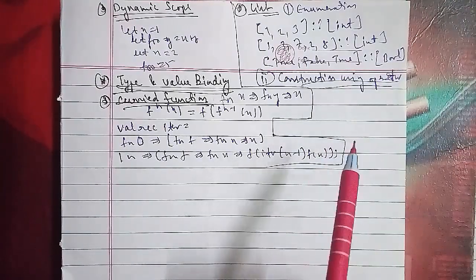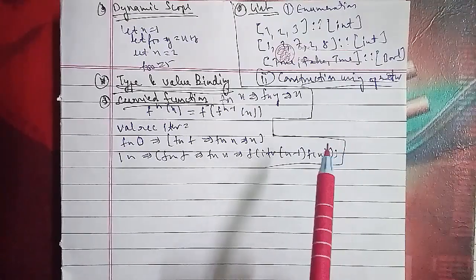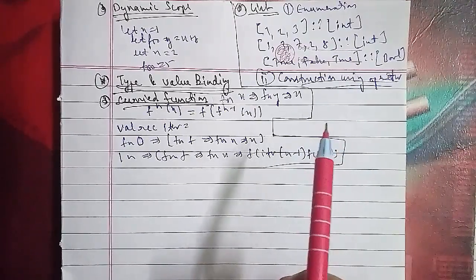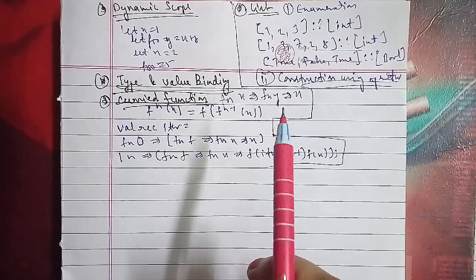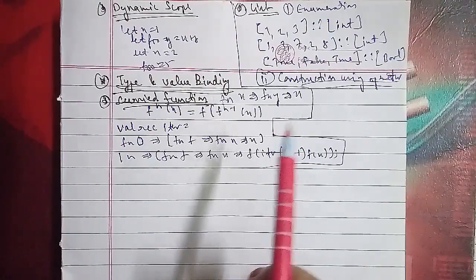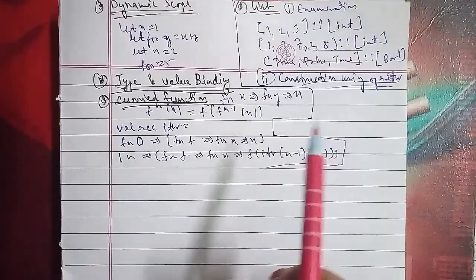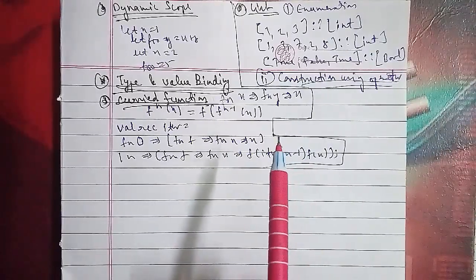It is another way to build a list, and this operator puts an element in front of a list, and as a result makes a longer list. For example, if s is a list 3, 4, 5, then 1 :: s is the list 1, 3, 4, 5. Using the empty list and the operator, we can construct a new list. Now we'll talk about the third one.